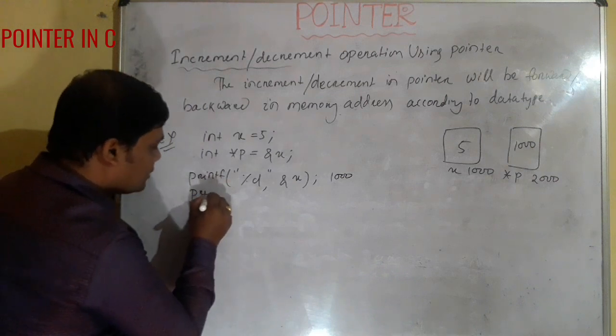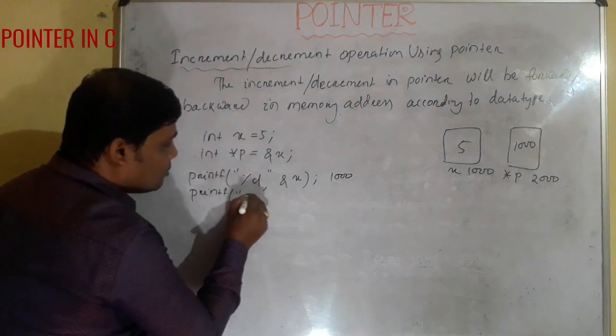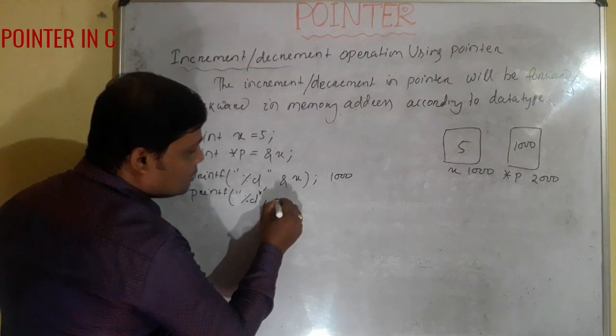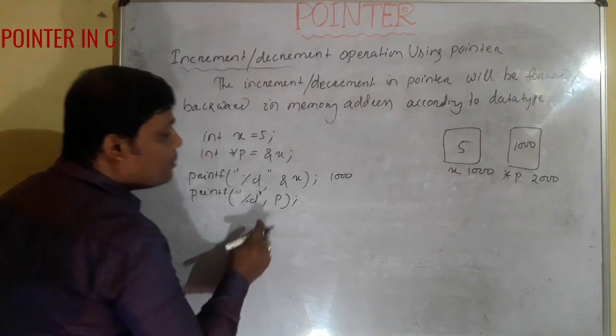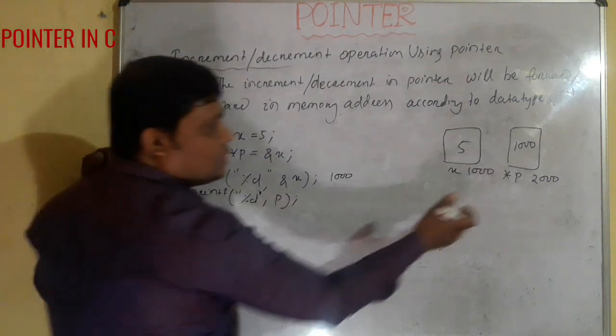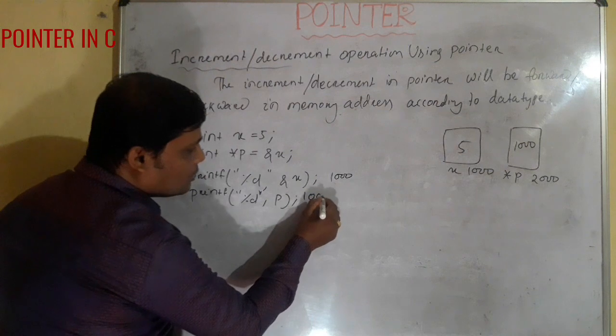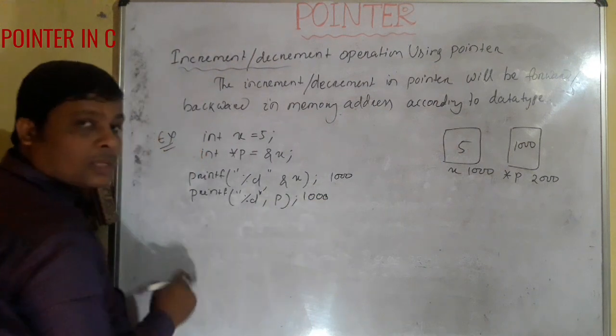If I print %d, then p. P means what? What is stored in p? That is the address of x, 1000. So it will print obviously what? 1000. Clear?